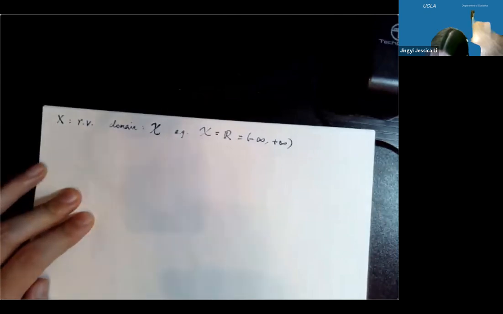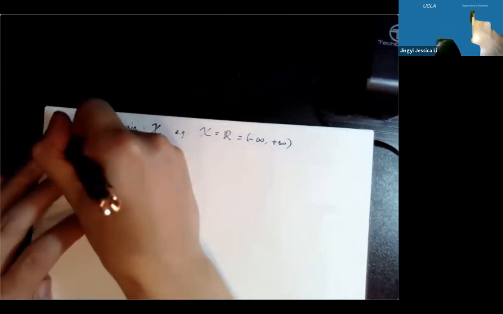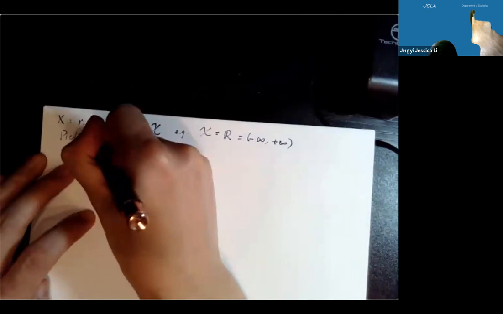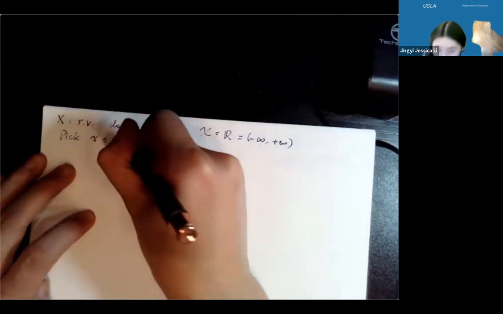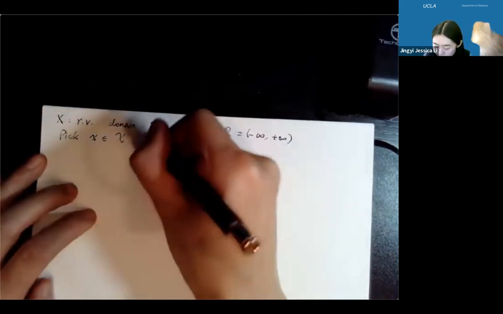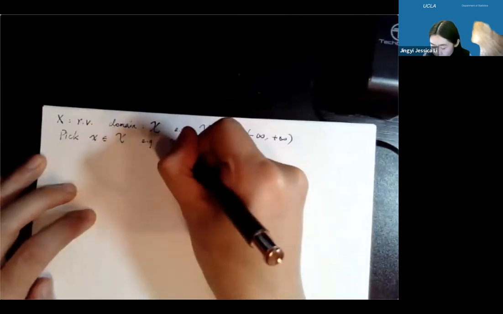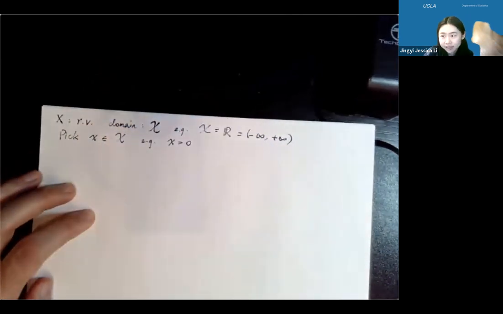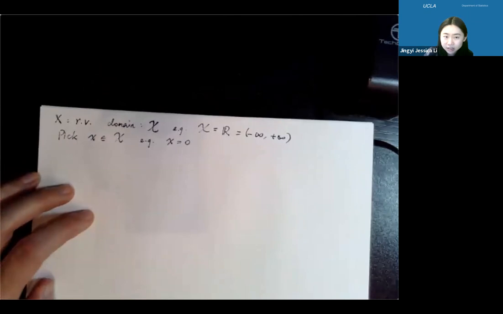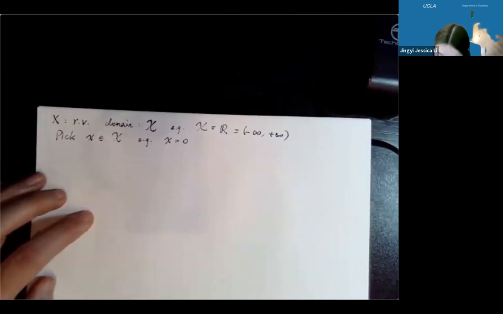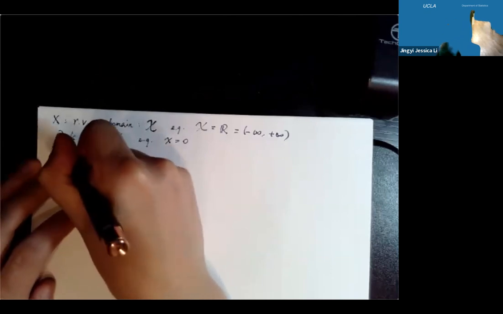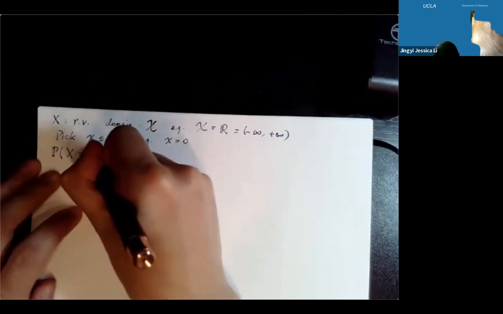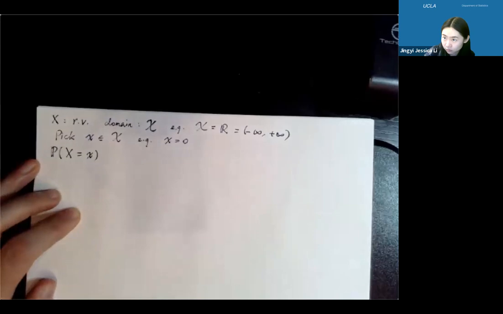Okay, so let's say that I pick a small x from this domain. Let's say the small x is equal to 0, for example. Then what I'm interested in talking about is this quantity, the probability that this random variable X picks the small x as its value.